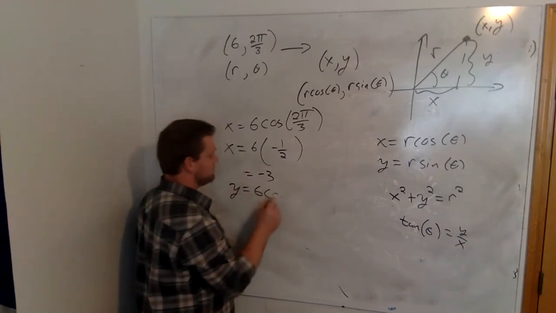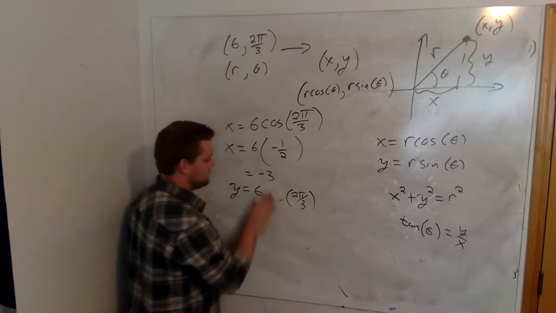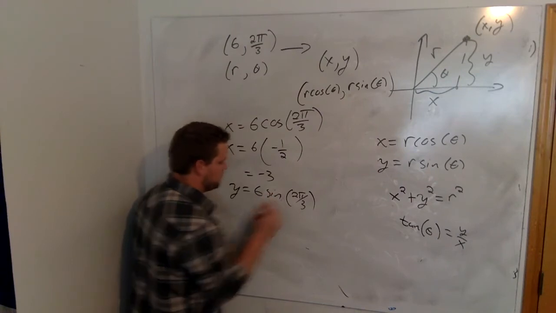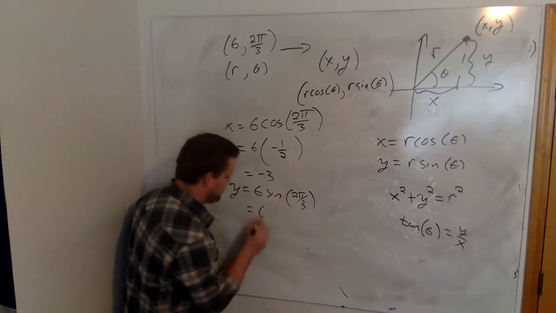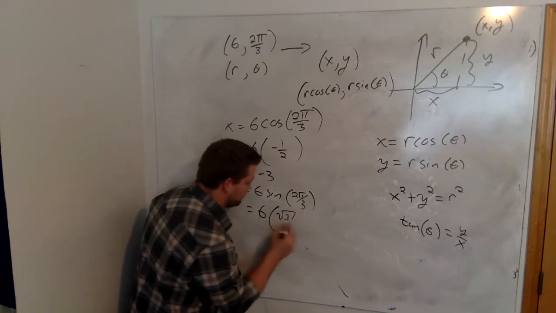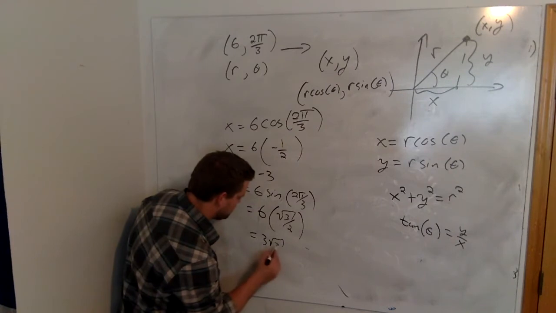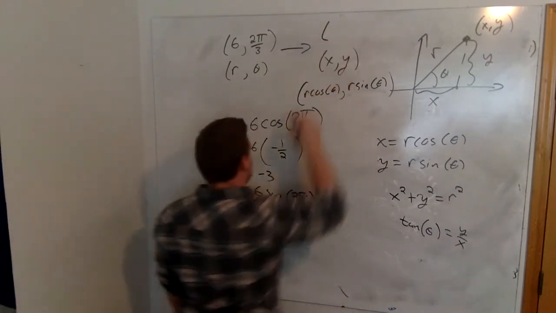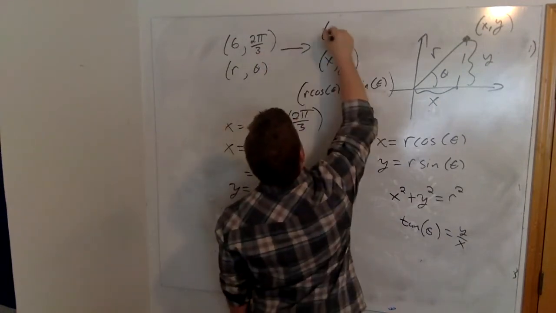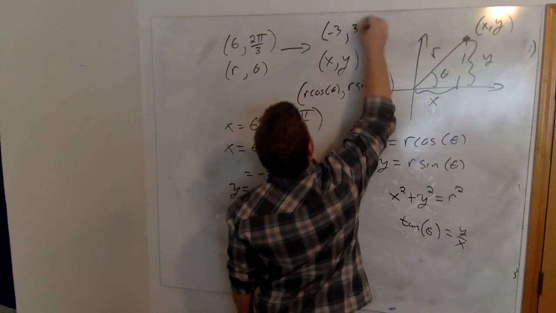And we'll also have that y will be 6 times the cosine of 2 pi over 3. Oh, sorry, sine. Sine of 2 pi over 3, I think, is root 3 over 2. So y will be 3 root 3. So in rectangular coordinates, this is the same thing as (negative 3, 3 root 3).